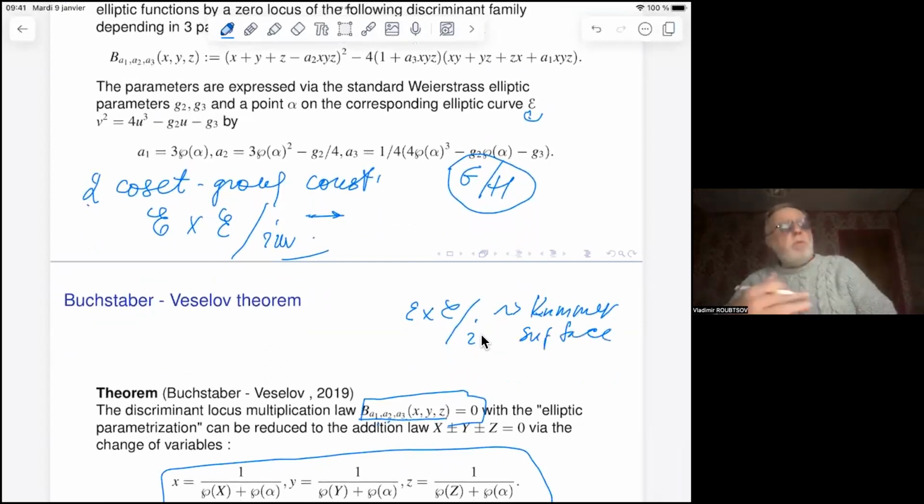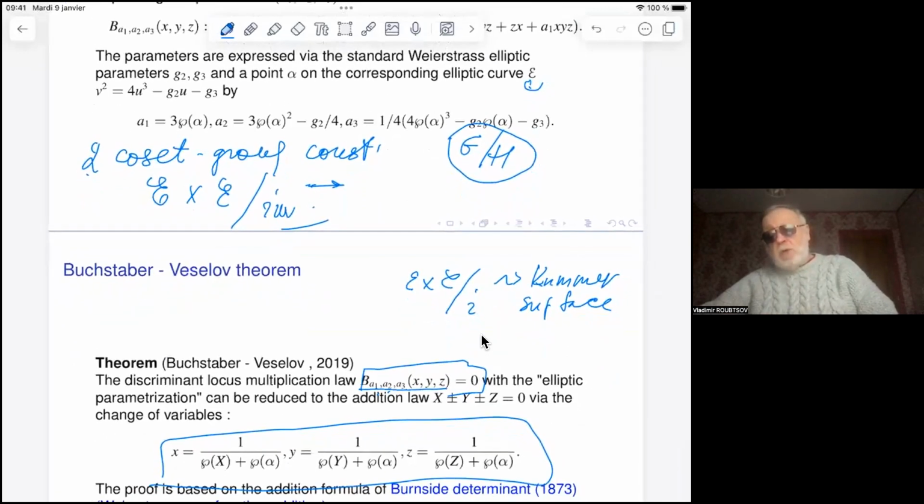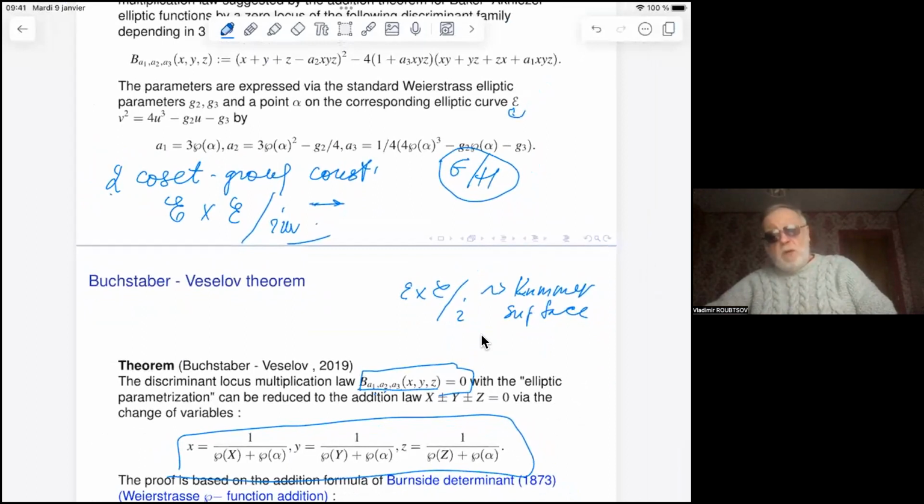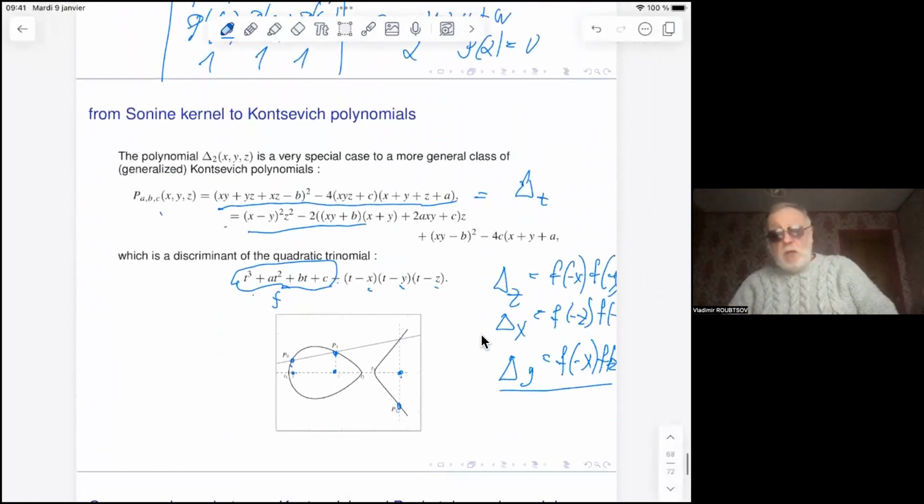It means that probably we can establish some links between interesting algebraic geometric surfaces and this family of polynomials which enters in the general Buchstaber-Kontsevich construction.